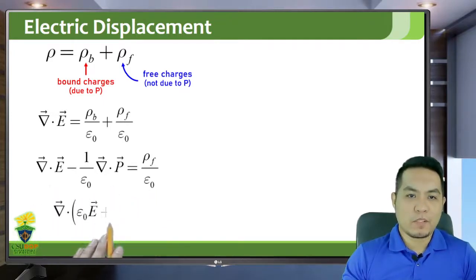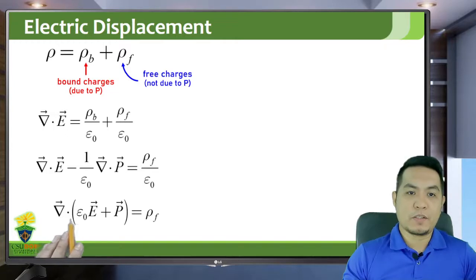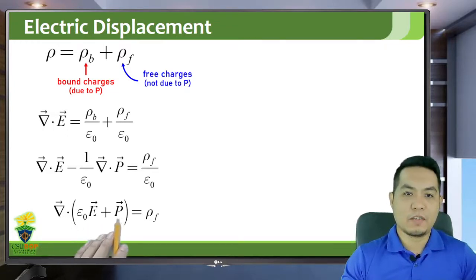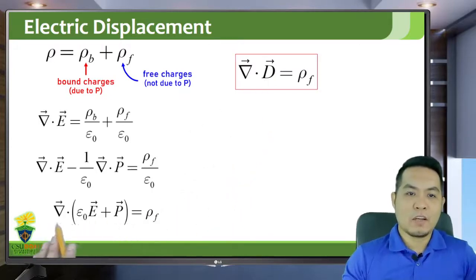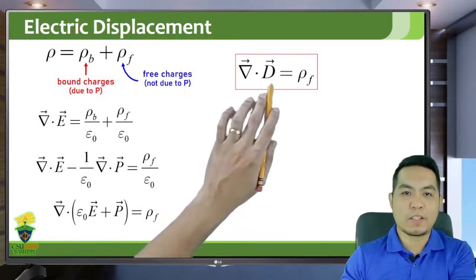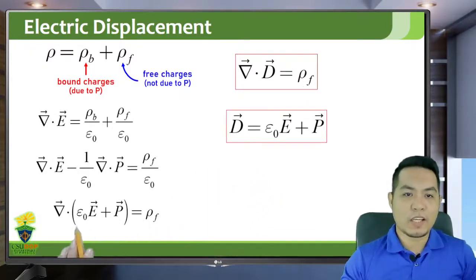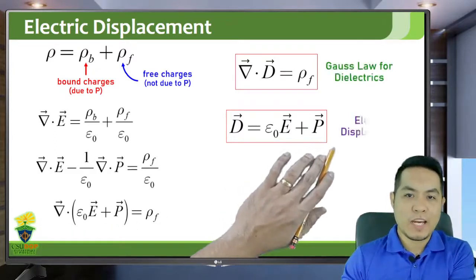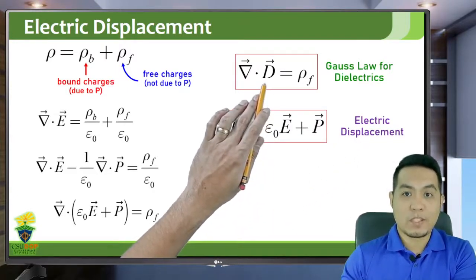Grouping the same terms, you will notice that the divergence operation is now acting on this term here, which we can call D, such that our equation becomes the divergence of D is equal to the volume charge density of free charges. D here is the term in the parenthesis, and we call that term the electric displacement. This equation now becomes a general form of Gauss law, which is the Gauss law for dielectrics.